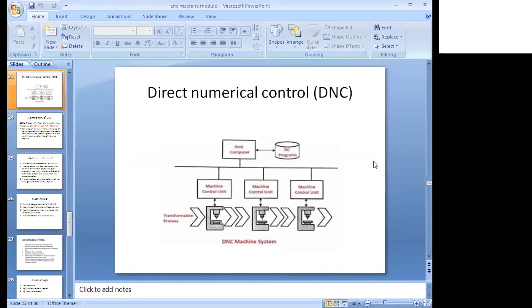After that, another very important machine for the mechanical field, the CNC, computer numerical control machine. In the last two classes we discussed CNC, the comparison of CNC and NC machines, applications, advantages and disadvantages.